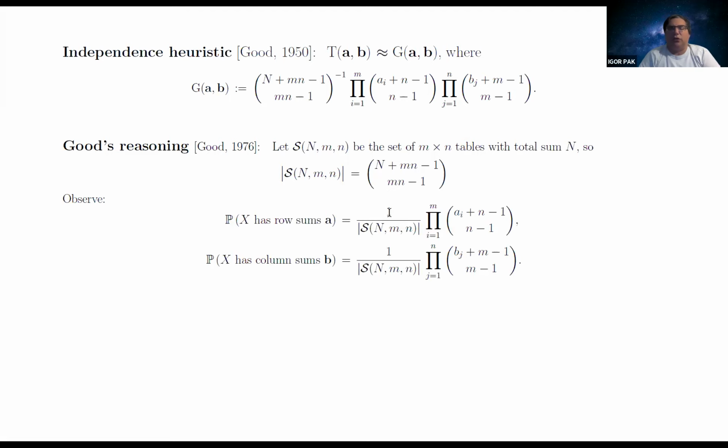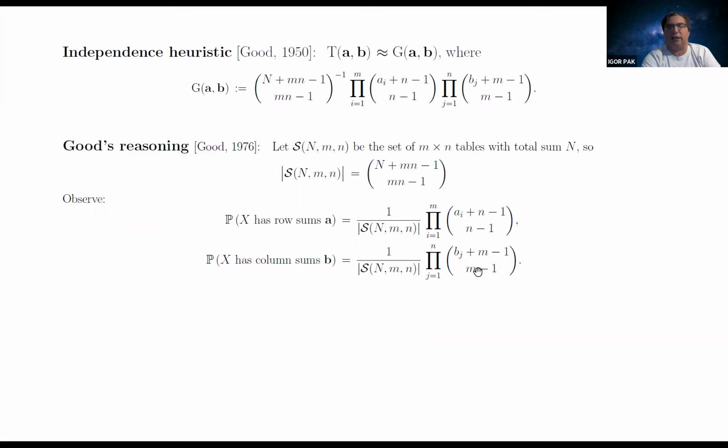And now what we do is we observe that the probability that such an element from this large set has row sums a_1, a_2, etc. is given by the product of binomial coefficients. Here we just take into account the rows. And similarly, if you just take into account the columns, you get the conjugate product of binomial coefficients.